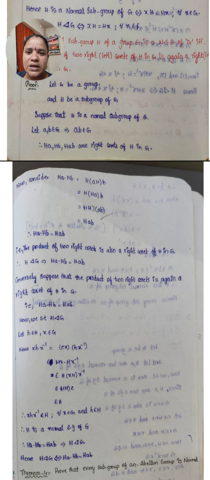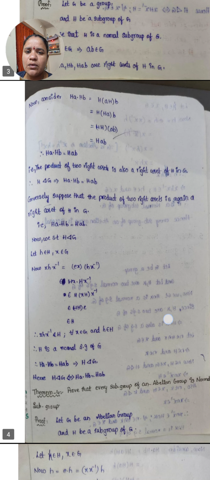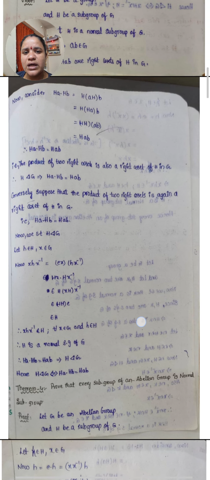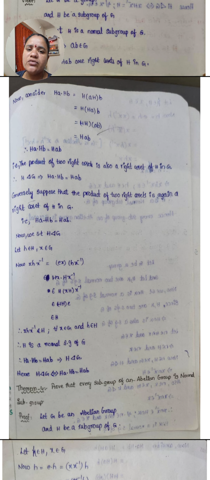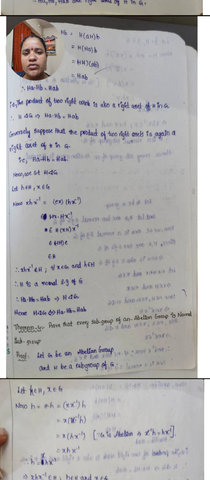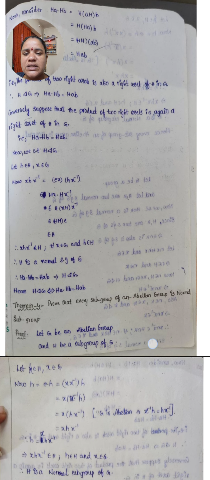So Ha, Hb, Hab are right cosets of H in G. Now consider Ha dot Hb is equal to H(aH)b, so H(Ha) into b, HH into ab is equal to Hab. The product of two right cosets is also a right coset of H in G. So if H is a normal subgroup of G, Ha dot Hb is equal to Hab.